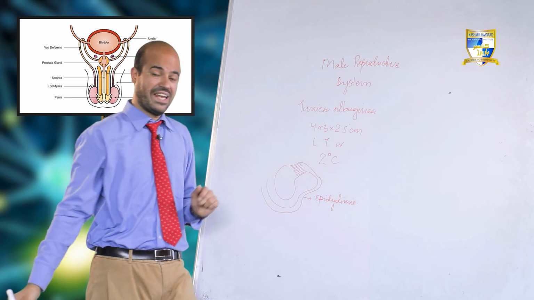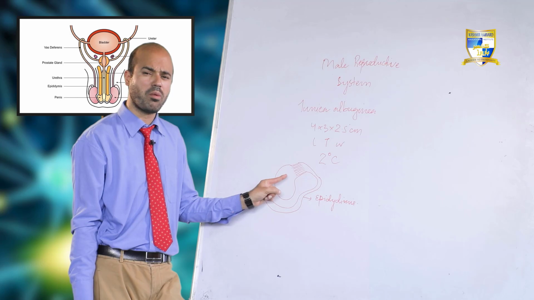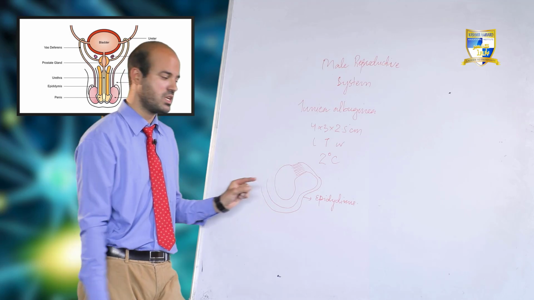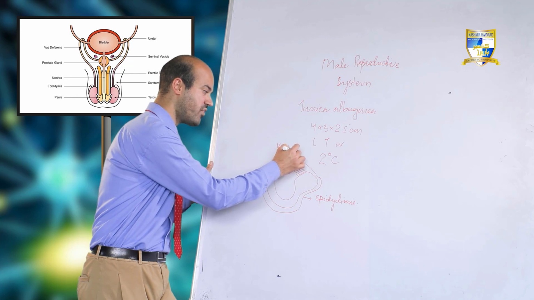I repeat, the testes end as very small, minute capillary-like tubules called the vasa efferentia.